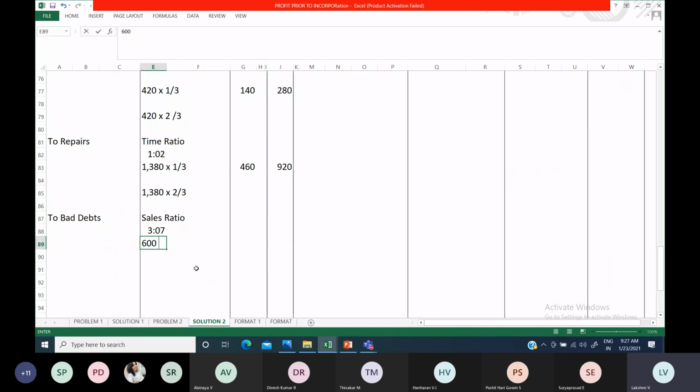So 600 into 3 by 10, 3 plus 7, 10. Again, for the post column, 600 into 7 by 10. 600 into 3 by 10 is 180, ma'am. 180. And for your post column, 600 minus 180, 420, I think so. So 420, we can just note it down here.